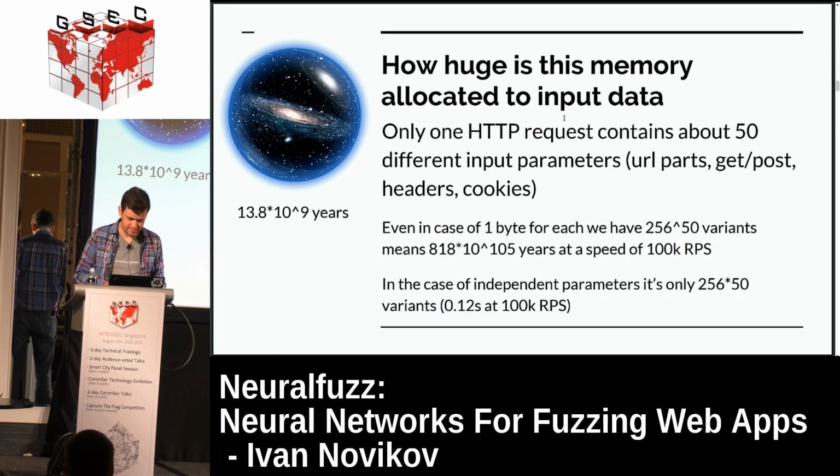It's definitely a bigger number than the time of our universe from day one until today, so it's impossible even for 1 byte. But if we suggest that parameters are independent of each other, it's definitely possible to solve in a few seconds.